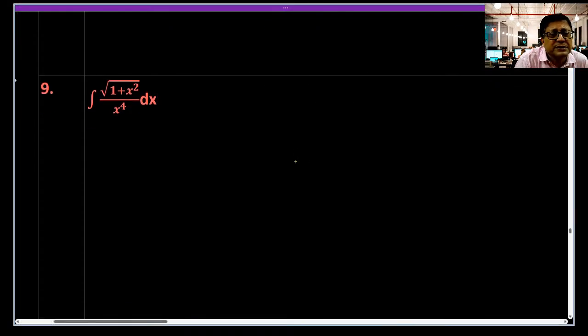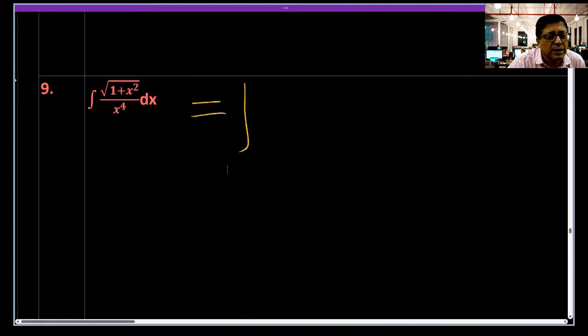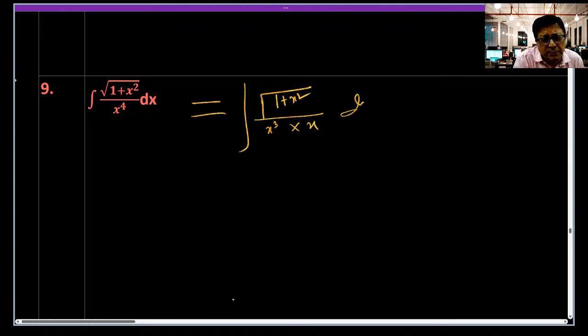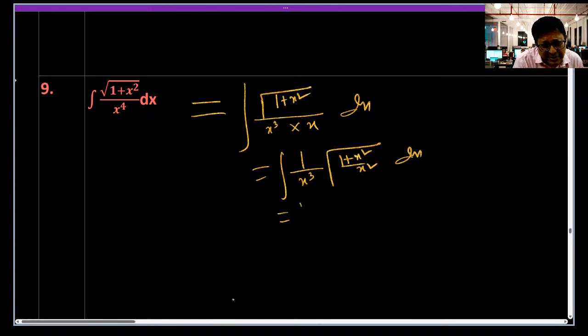This you write, root 1 plus x square by x cube into x. Simple manipulation. You take x inside. Inside, if it goes, it will be x square. So there will be 1 by x cube root.